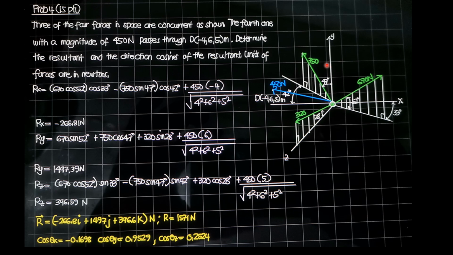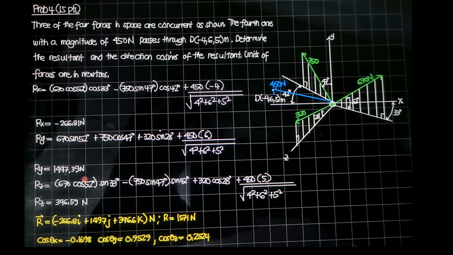Then finally, the y component of 450 is also positive, because the y component of distance is positive. It is 450 times 6 divided by the square root of 4 squared plus 6 squared plus 5 squared. Combining, it is 1,497.39 newtons.